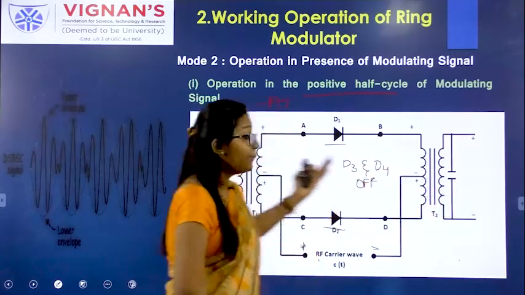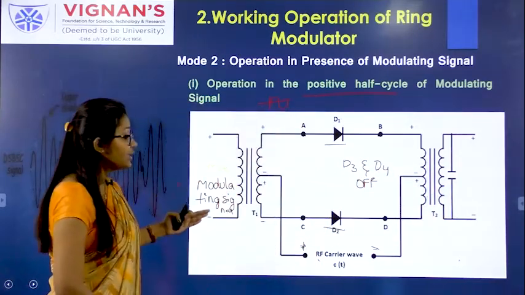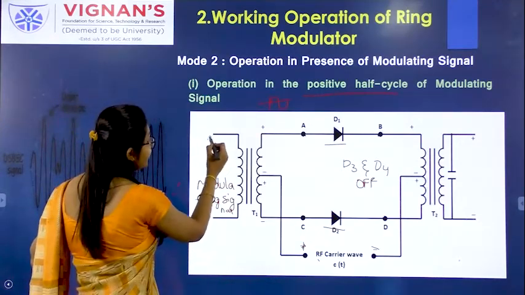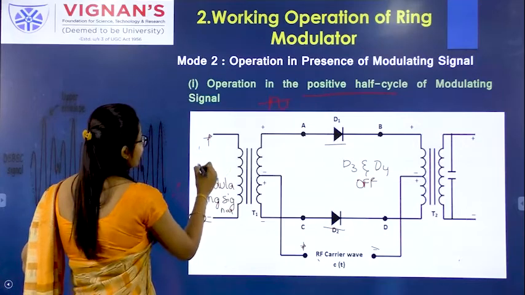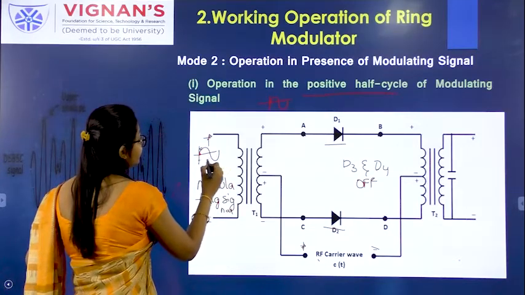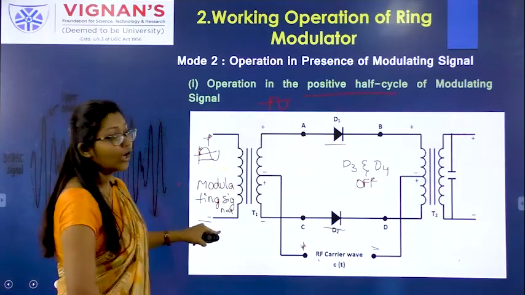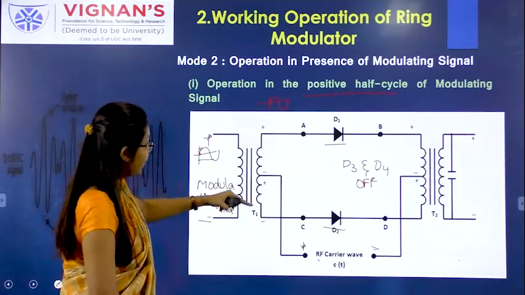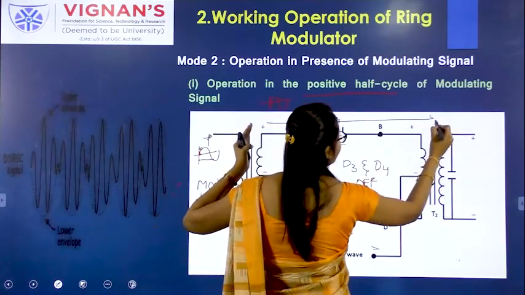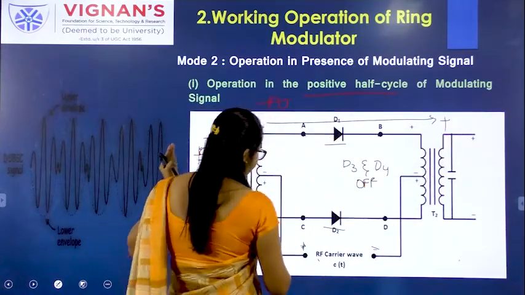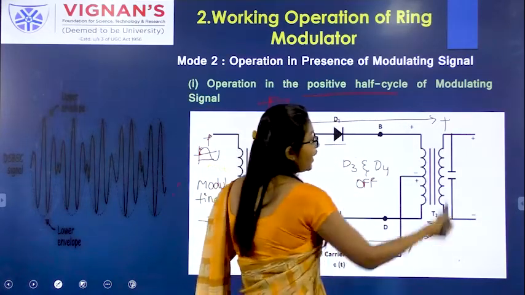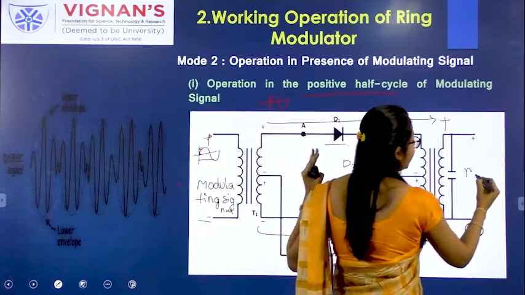But now we are giving the message signal, that is plus and minus. So the plus will appear at the output side as plus, and the minus will also appear at the output side as minus. So the final output you will get is m of t.